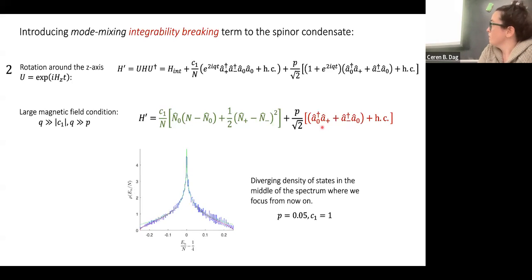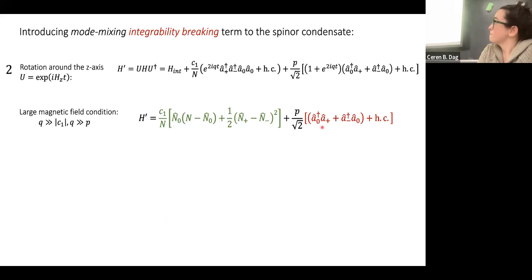Yes. What are P and Q? Yeah, so P is the strength of your linear Zeeman effect, because under the magnetic field you would induce linear and quadratic Zeeman effects. So P is for the linear Zeeman and Q is for the quadratic Zeeman fields. Basically, those are field strengths.